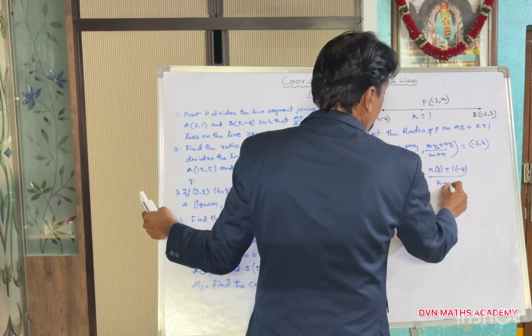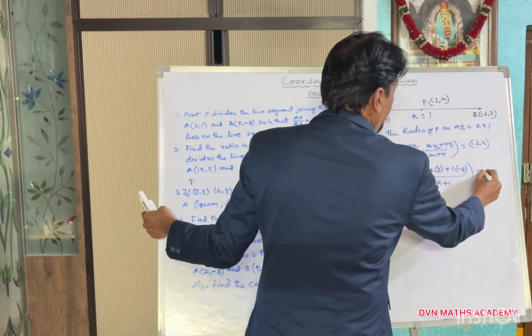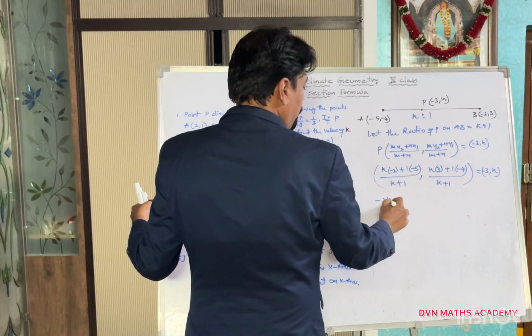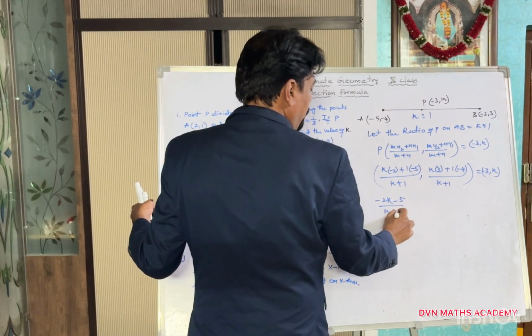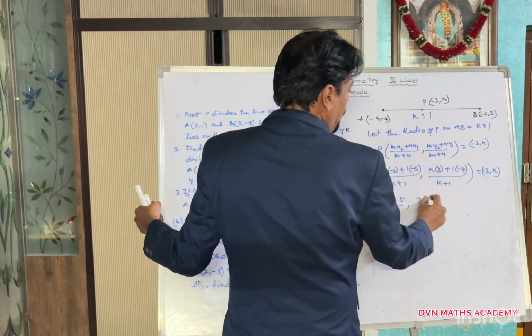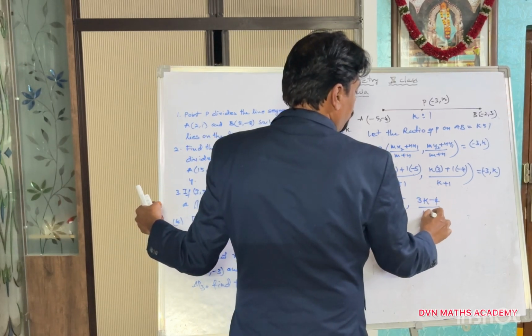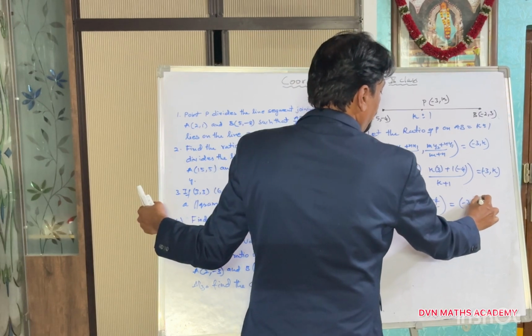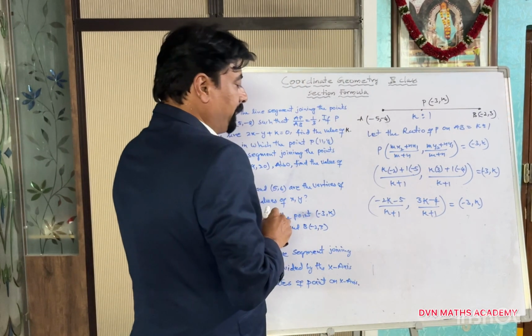This is k plus 1, and that is equal to (-3, k). Now this is (-2k minus 5) by (k plus 1), comma, (3k minus 4) by (k plus 1), equal to (-3, k). Now it is easy to find the value of k.